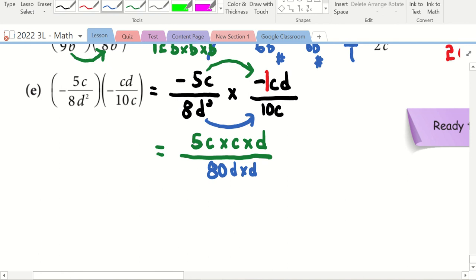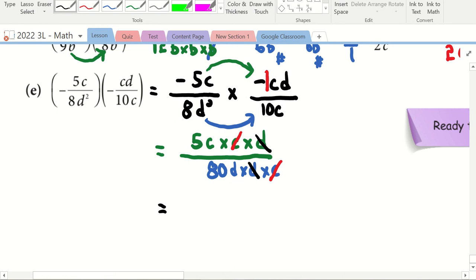Is that the only term? There's one more. C. Okay, now reduce to lowest term. What are the letters I need to reduce? I saw a C here. I must cancel a C on top. Any more? D. Okay, two things to do.